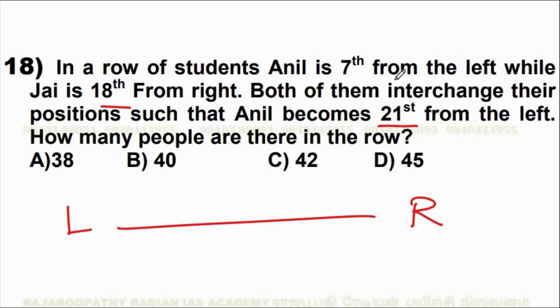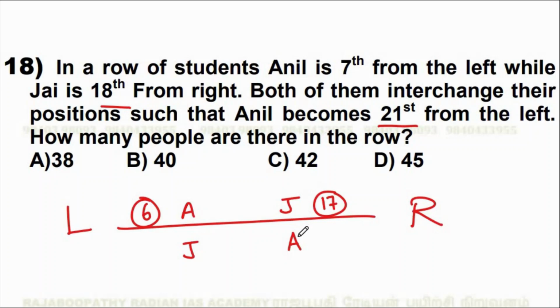So in a row of students, Anil is 7th from left. Anil is 7th from left means 6 persons are there before him. J is 18th from right. Therefore 17 persons are there after J. If both of them interchange their positions such that Anil becomes 21st from left, that means Anil comes here and J goes here.